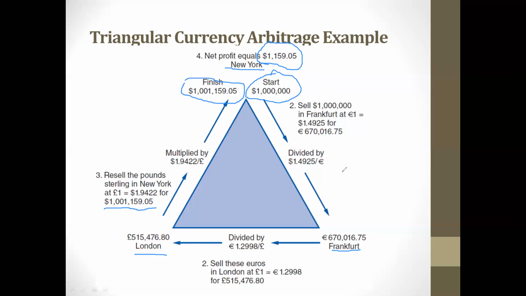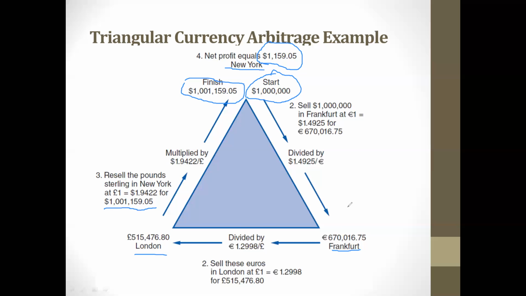Then you take that euro into the London market, change your euro into pounds, and you end up with 515,000 pounds. Then you take that pound into the New York market again and convert your pounds into dollars, and you end up with more than 1 million.